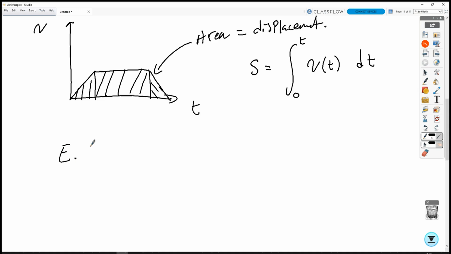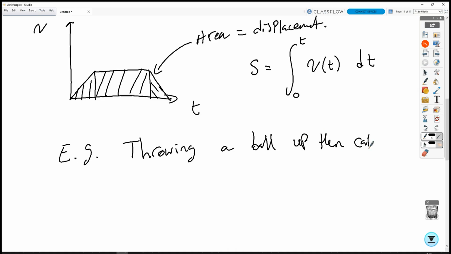Now we'll look at a common graph, which is throwing a ball up. Then catching it.